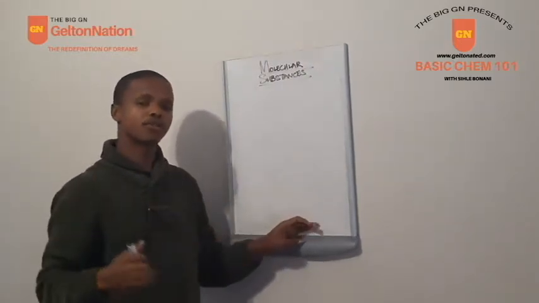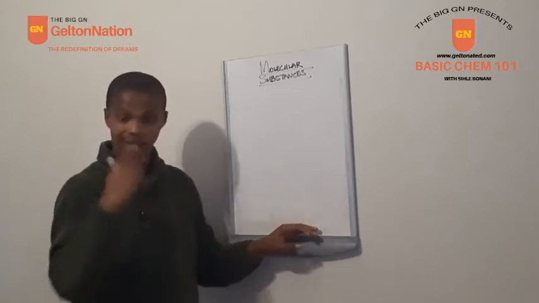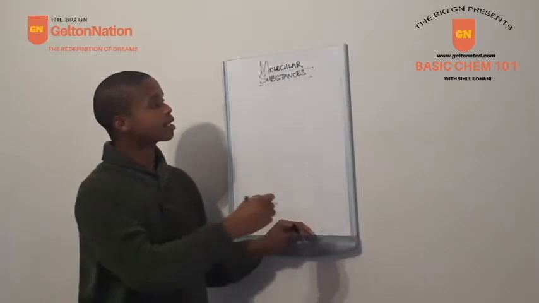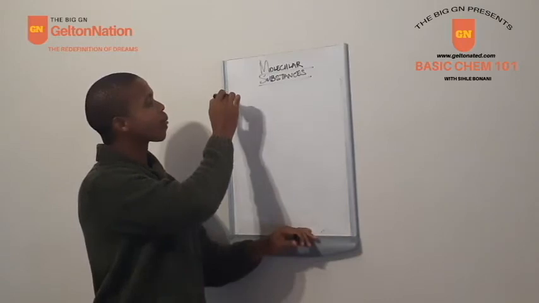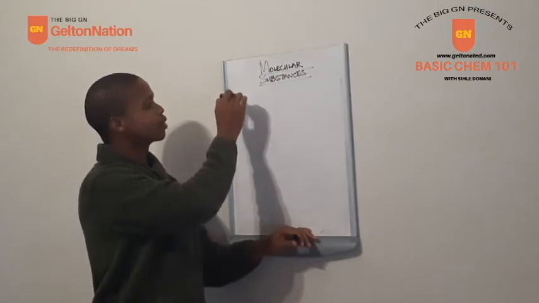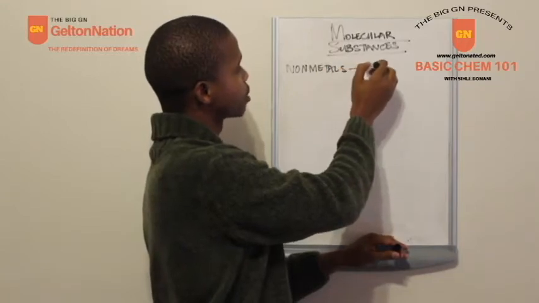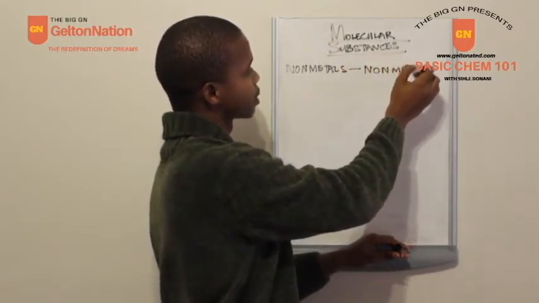Now, most of the compounds that we find around us are molecular substances, and you find that most molecular substances are your nonmetals bonded to your non-metals.